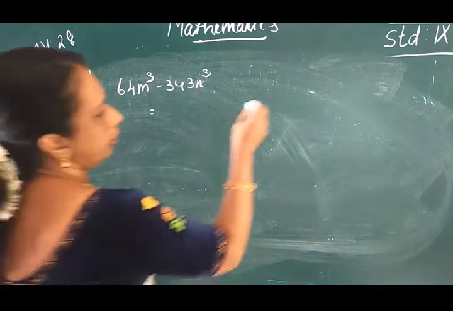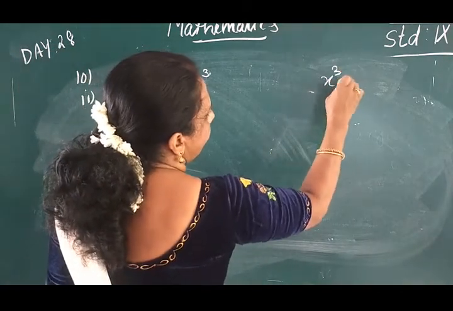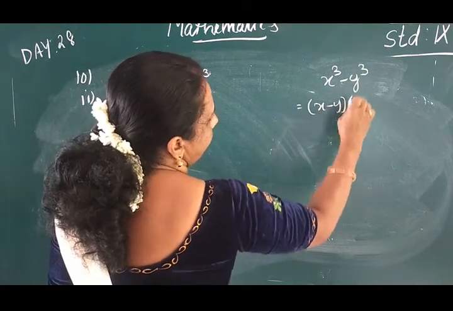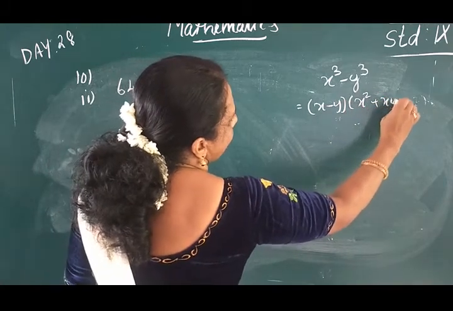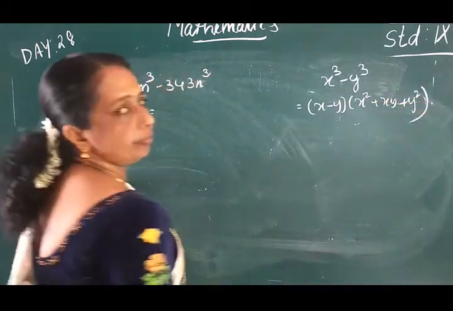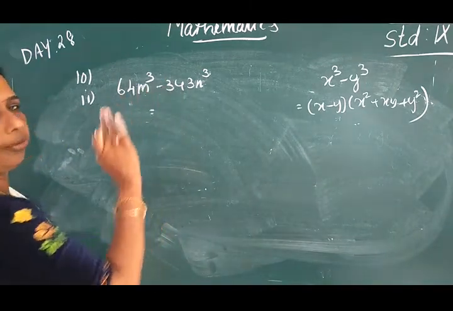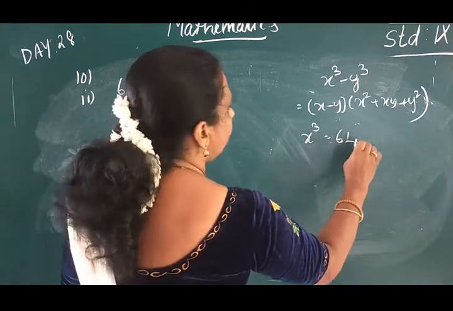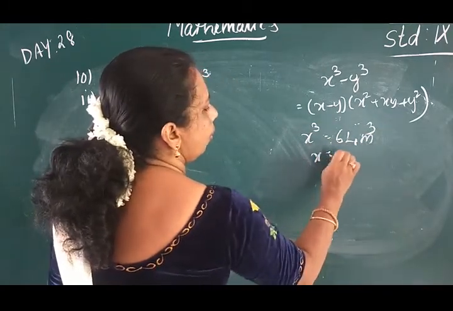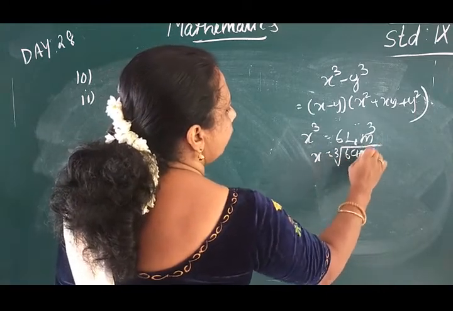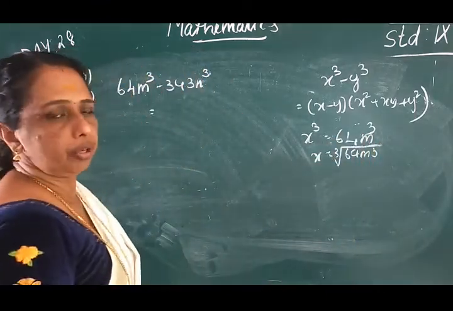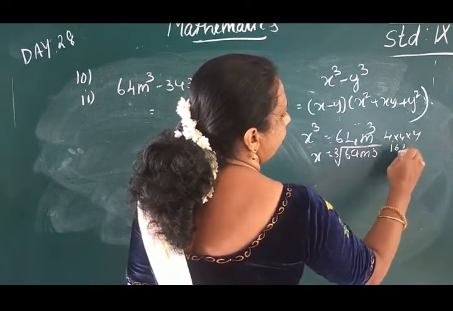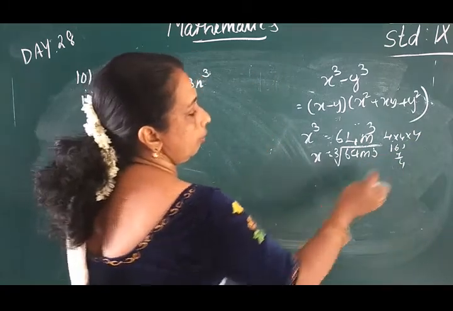Which identity do we want to use here? x cube minus y cube is equal to what? x minus y into x square plus xy plus y square. First we have to find out what x and y are here. x cube is equal to 64 m cube. Then what is x? The cube root of 64 m cube. 64 is equal to 4 into 4 into 4: 4 fours are 16, 16 into 4 is 64.